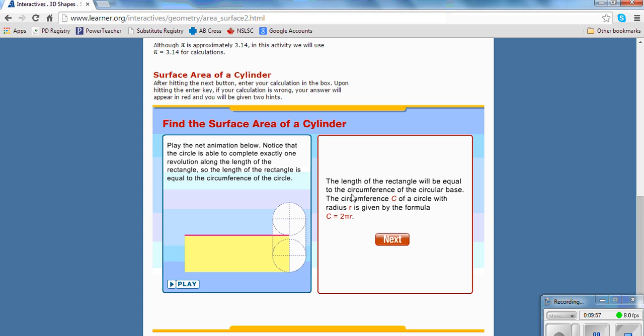And so it even says here, the length of the rectangle is equal to the circumference of the circular base. And the way that we find circumference is 2 times pi times radius, or pi times diameter. Either one, it doesn't matter to me which one you use. Okay, so then if we continue, oh, just kidding, that's all that shows.